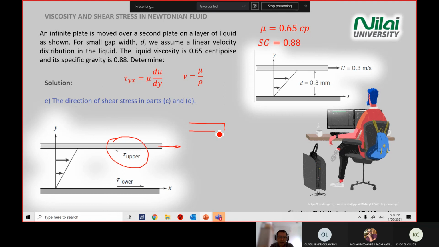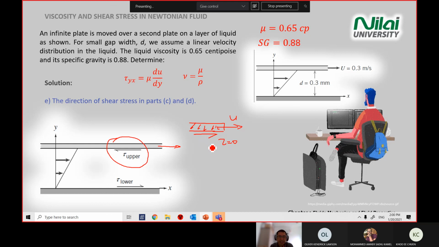Just an add-on information. If the plate is going to the right and you draw the shear like that, it means your shear value equals 0. It means there's no shear, no resistant force between the medium or the fluid and the contact surface.